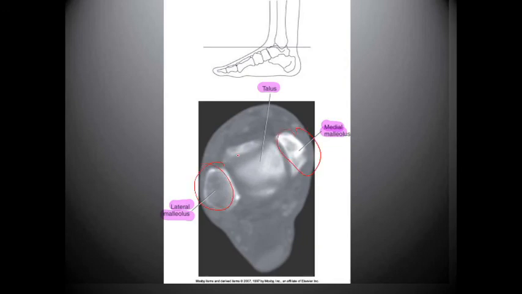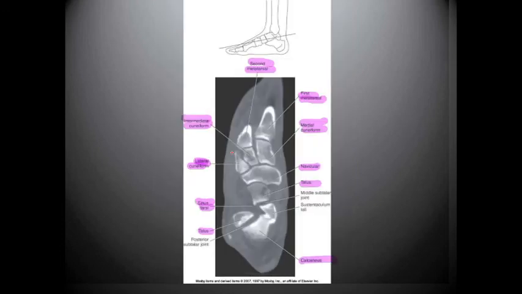I believe we've already seen this with lateral malleolus, medial malleolus, and then the talus forming the talocrural joint here. Okay, here we have a scan through somewhat of the foot. It's not going through a straight angle, but we're going through at an oblique.